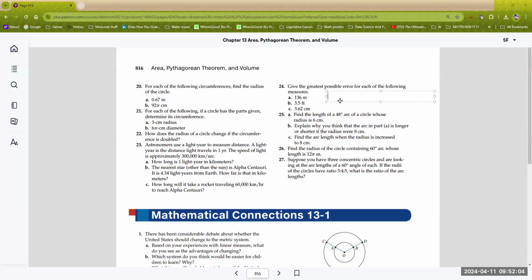So the smallest it could have been is 135.5 meters, the low end that would have rounded up. And the high end would have been 136.5 meters. It couldn't be that number, or it would have been different, so it's right up to it, which is basically this difference. So the greatest possible error, the amount of error from that number, would be 0.5 meters.